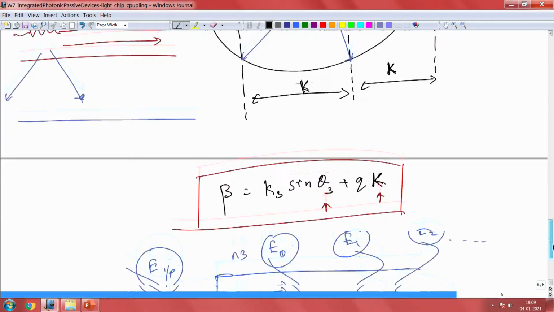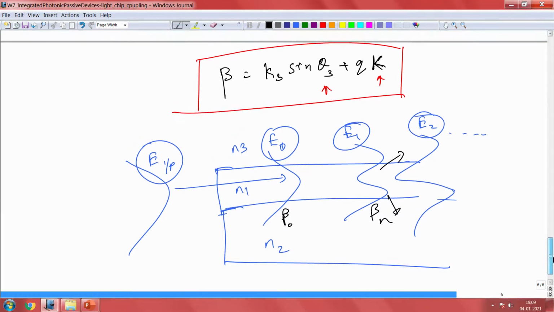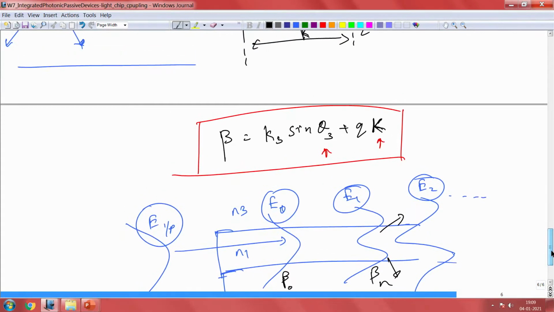But in this case we have various betas coming in, so you will not know which one you are exciting, and these could be radiating as well. If it is radiating, you will lose the light, but you will not when you use targeted excitation.